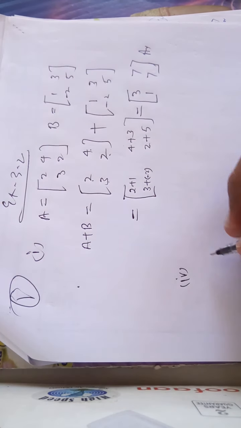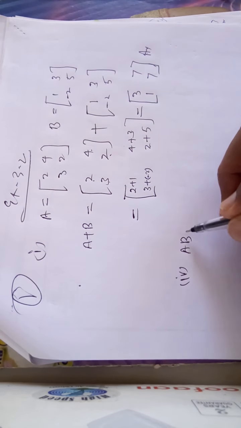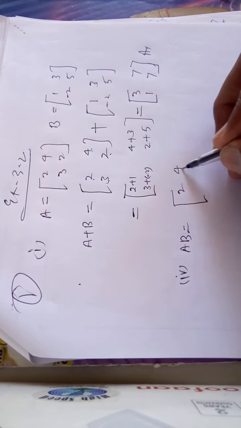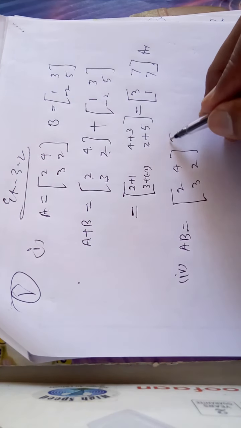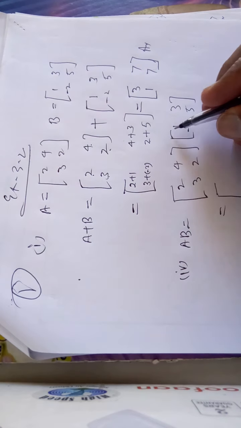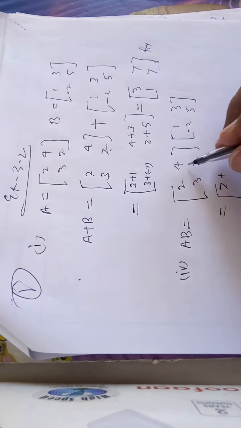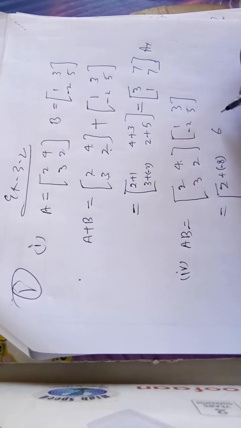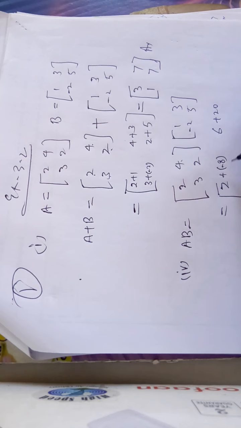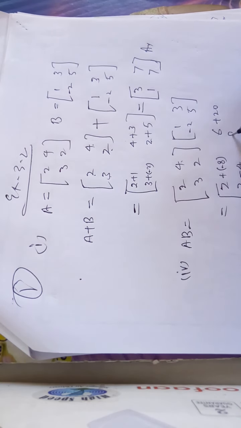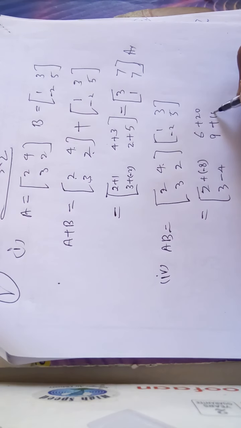Let the fourth part be the multiplicative part, AB. You will also find AB: A is [2, 4; 3, 2] and B is [1, 3; -2, 5]. First row, first column: 2 into 1 is 2, and 4 into -2 is -8. Second element: 2 into 3 is 6, and 4 into 5 is 20. Then 3 into 1 is 3 and 2 into -2 is -4, and 3 into 3 is 9 and 2 into 5 is 10.